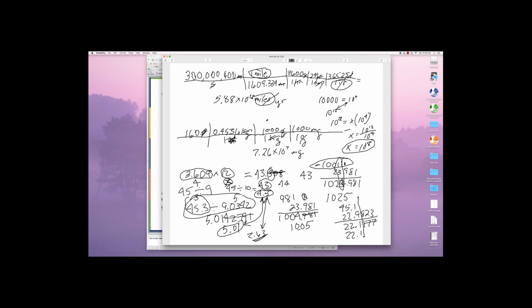If we looked at this up here, 160 times a half would be about 80, and then times 10 to the 6th, 80 times 10 to the 6th, or 8 times 10 to the 7th, would be an approximation. Again, your answer should be fairly close to that, and if you didn't get that, comparing these two answers, then you know you made a mistake and you need to go back and fix it.